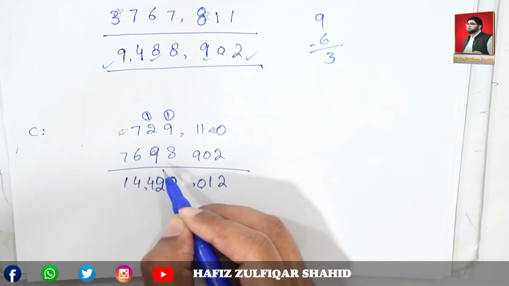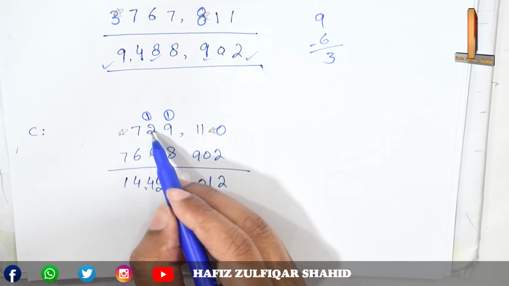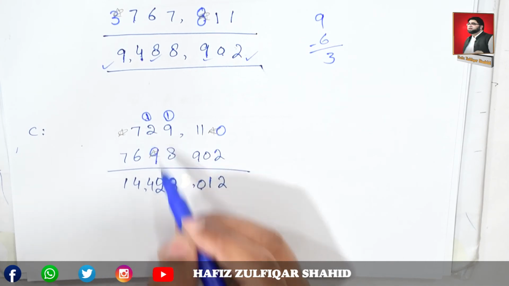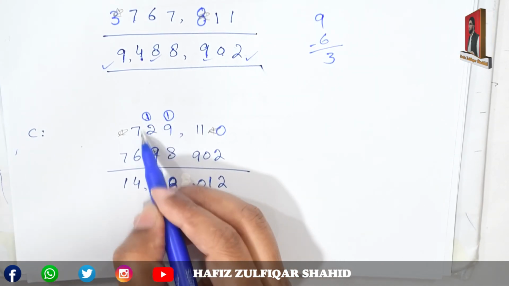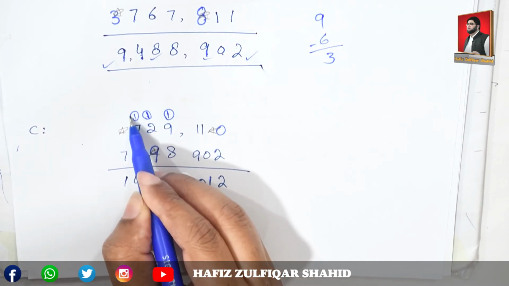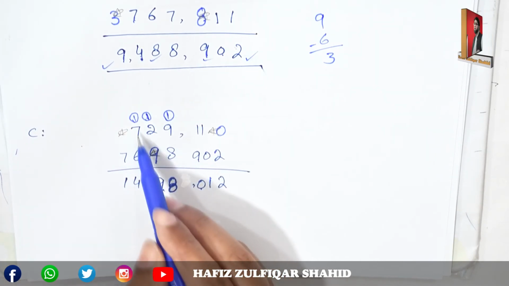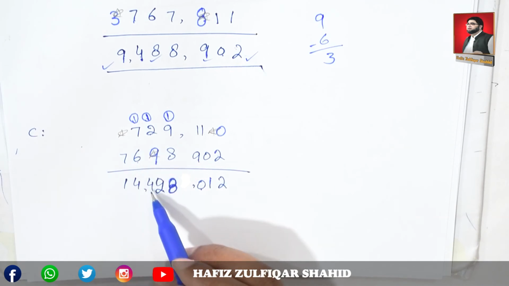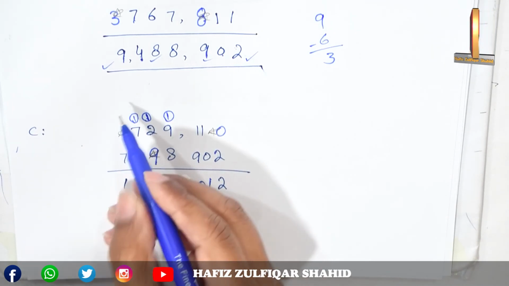Here we have 9, 10, 11, 12. 2 is in the answer and 1 at the carry place. Now 7 and 7, 14, 4.